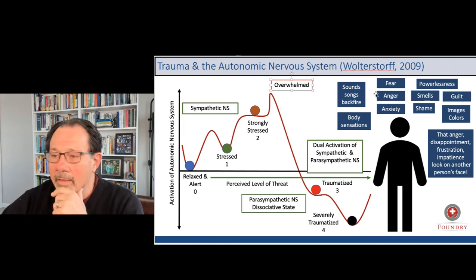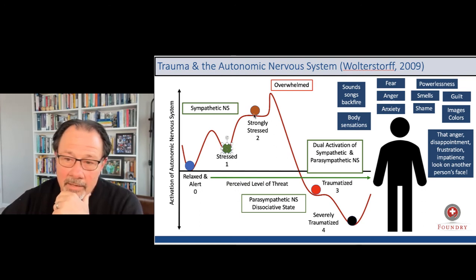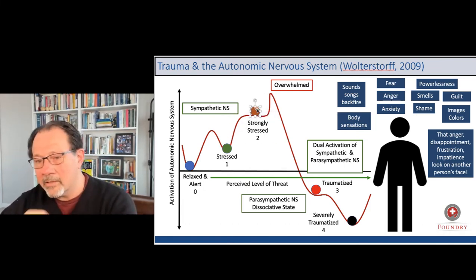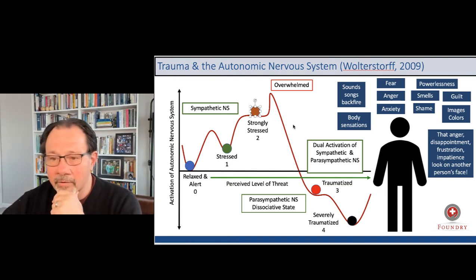When that individual experiences these sensory experiences, and let's say they're living in here, the minute they have that look, the sympathetic nervous system begins to activate, creating that more fight or flight response.